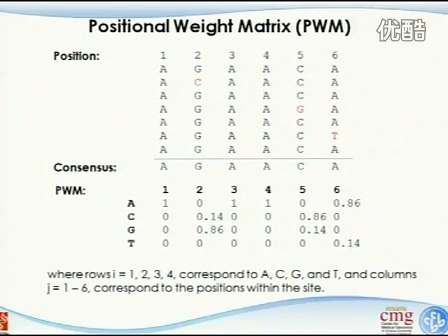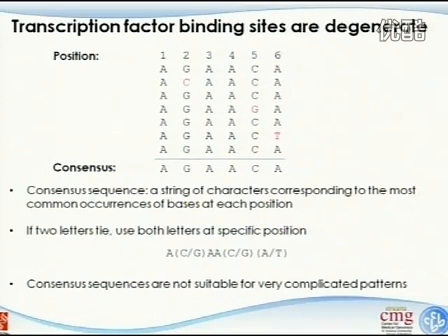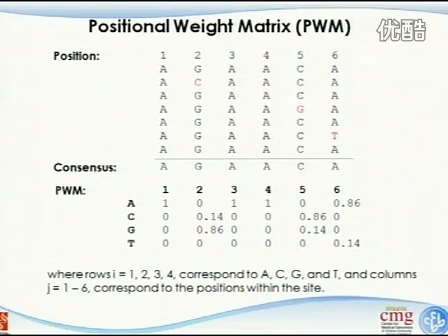Once we get to the real deal, the data will look like this. If we see the same question, this is position 1 to 6, and this is A, C, G, T and all of the numbers. The consensus is AGAACA, but another representation of this factor is called the position weight matrix. Okay? The numbers here are very simple. It's just the percentage of the real binding sites that people experimentally determined that contain this particular letter.